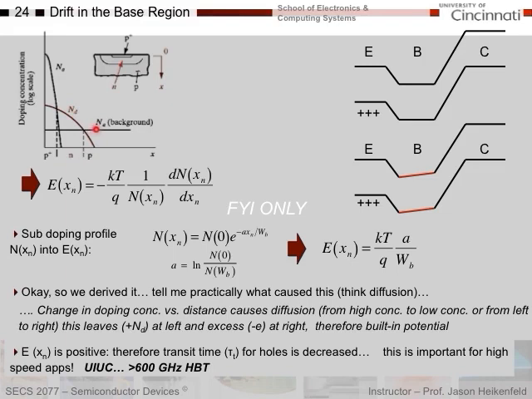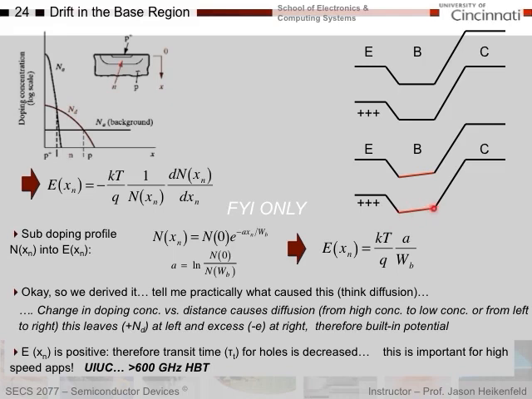Well, the key point, and I skipped the math, is that if you do this, because you have a changing concentration across here, you actually get an electric field profile across the base. And this works in our favor because if I have holes that are injected to here, we already know that they will diffuse across the base region by diffusion, high concentration here, low concentration here.